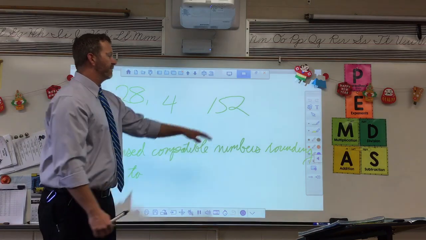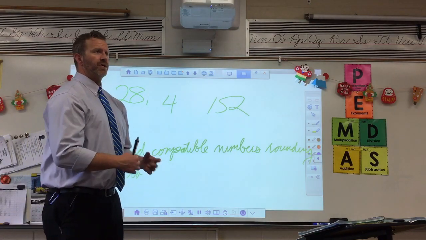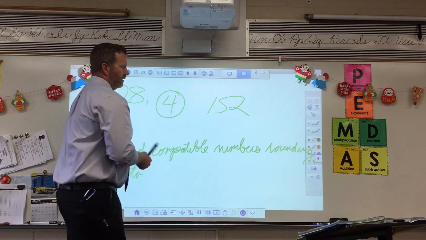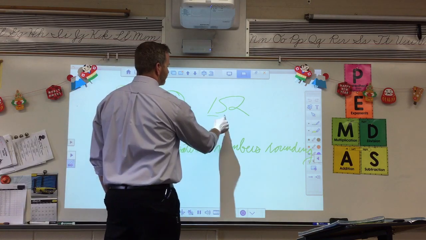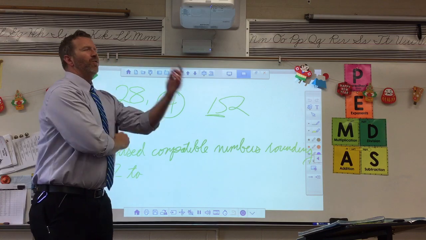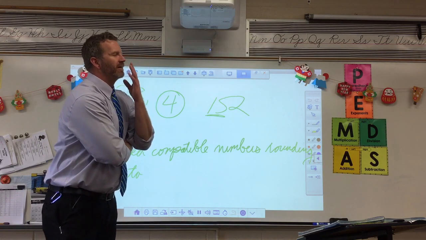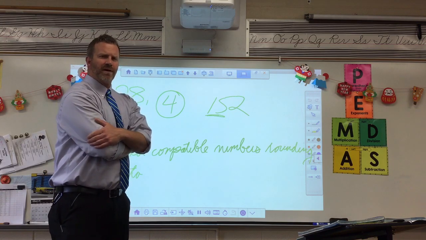What number would 152 either go up or go down to that 4 would go into evenly? Let's look at the front 2 numbers. What number is close to 15 that 4 goes into evenly? Man, I can't really remember.